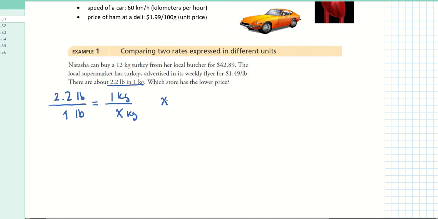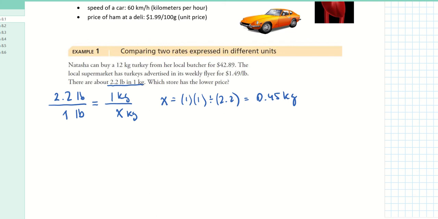X is going to end up being 1 times 1 divided by 2.2. This is just basic cross multiplication, which means that 1 divided by 2.2 is 0.45 kilogram.